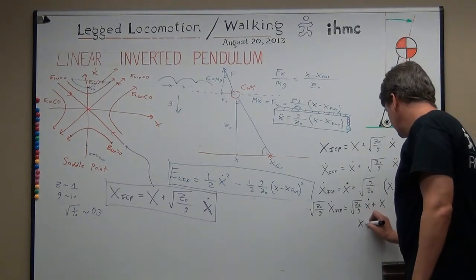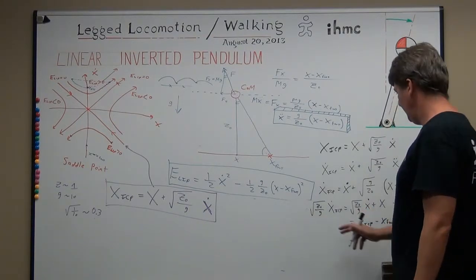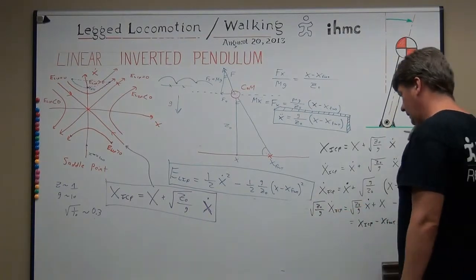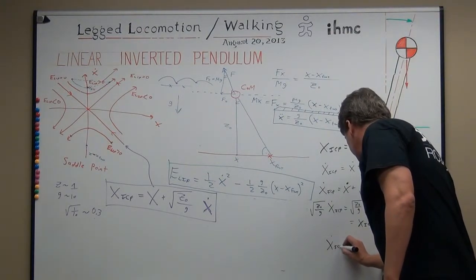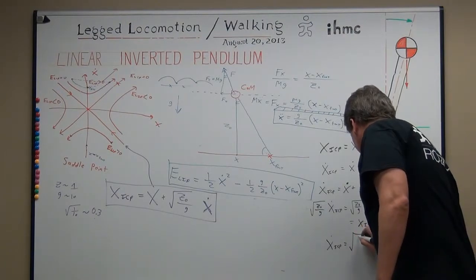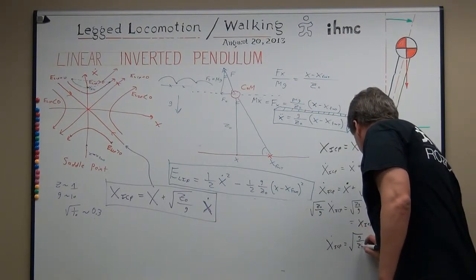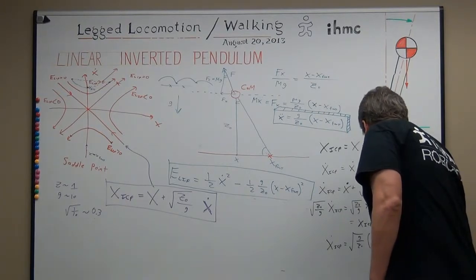So XICP minus x foot. Do that, and then get rid of that square root of g over z naught again to get x dot ICP. So all this is just pretty simple algebra. Square root of g over z naught times x ICP minus x foot.